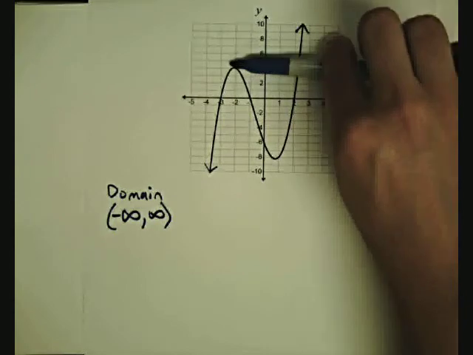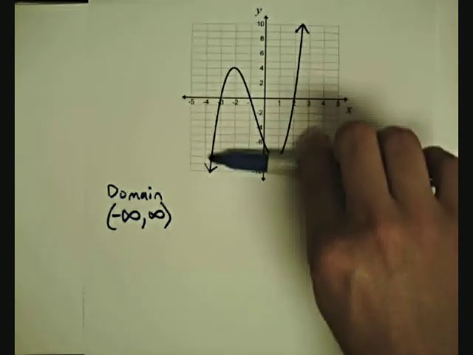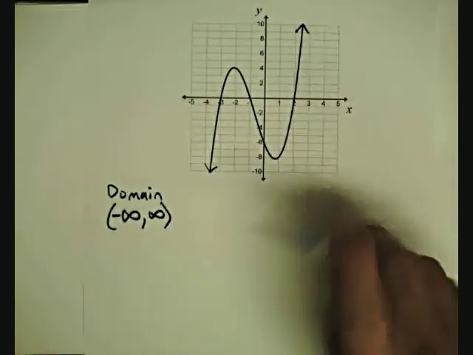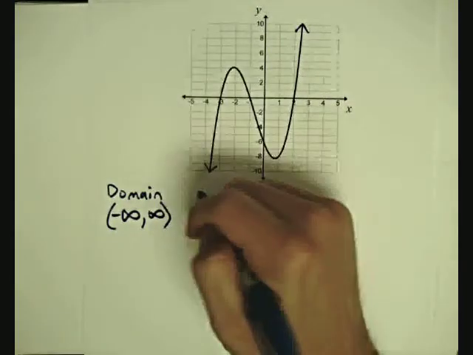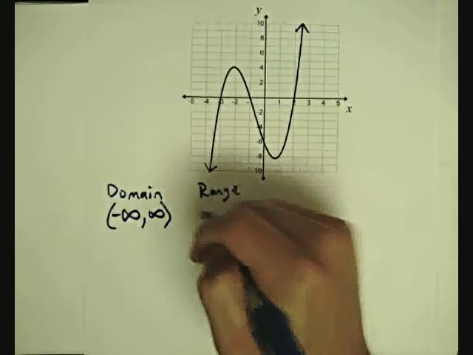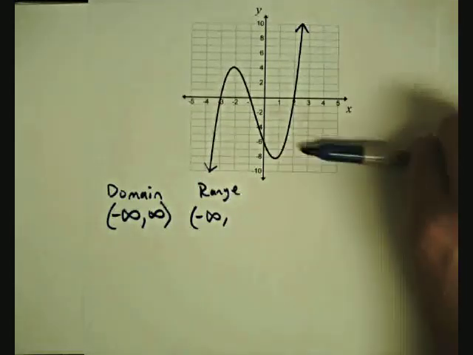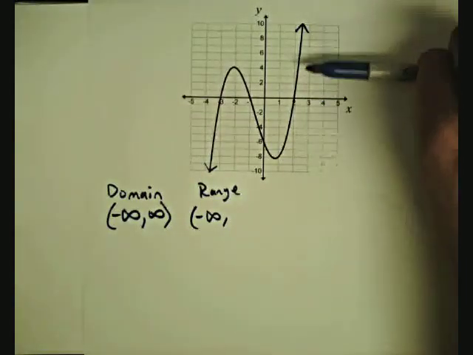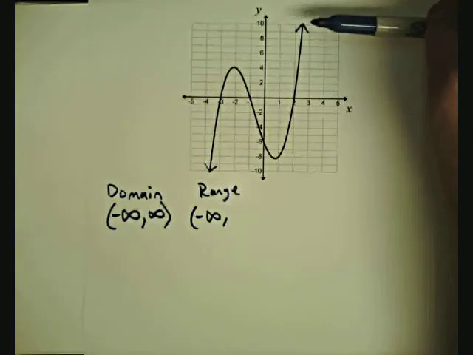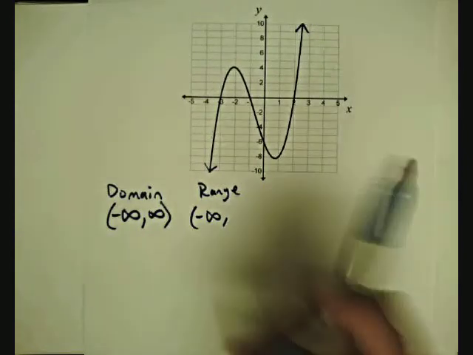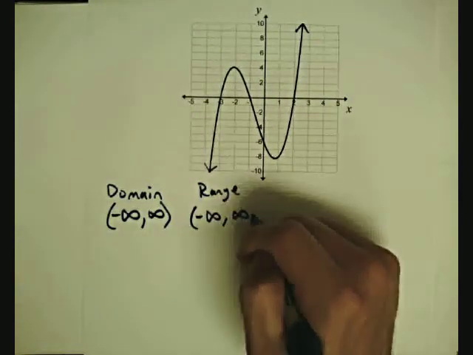The furthest down that my graph goes, my arrow has me continuing down, and so like domain, for the range, -infinity is the smallest y value, and traveling up, infinity is the greatest y value.